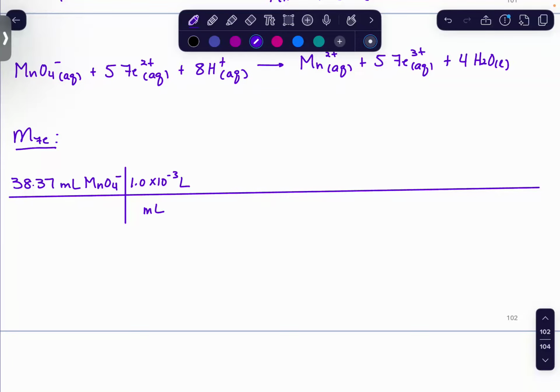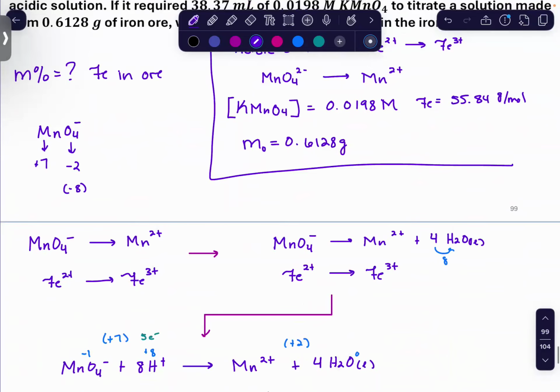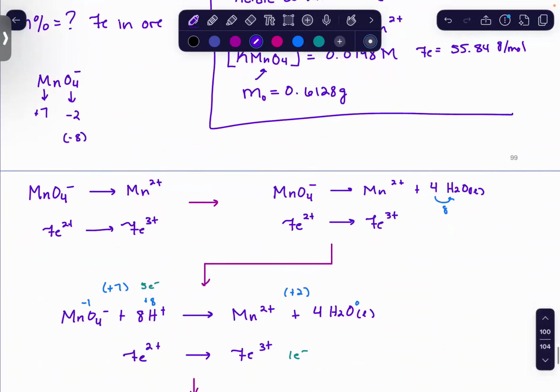Change that into liters, because of course now milliliters divides out. And then our permanganate solution. So again, our potassium permanganate is 0.0198 molar.